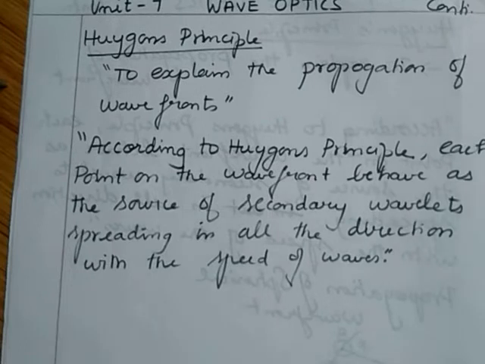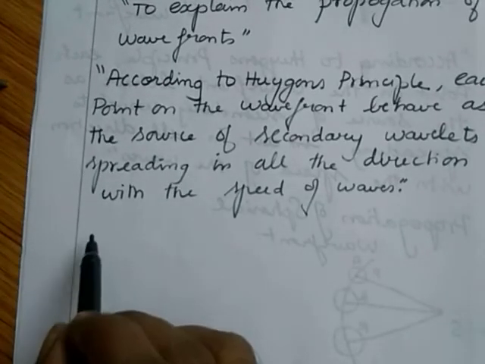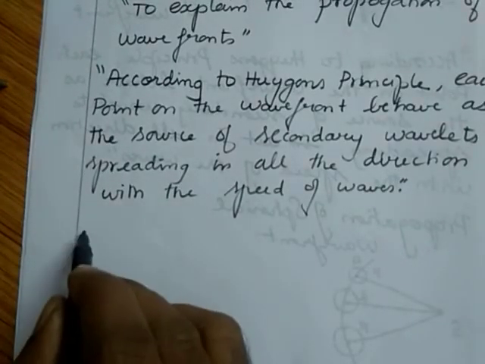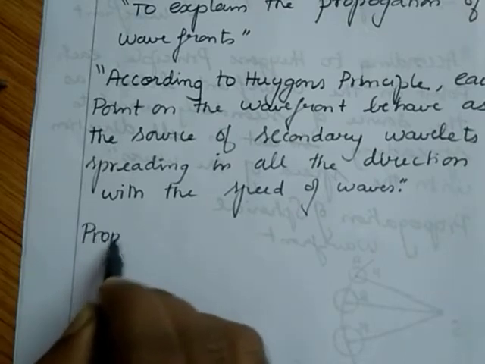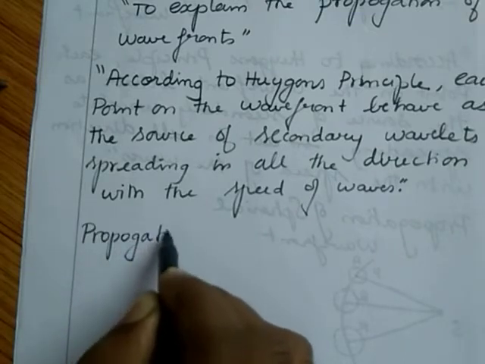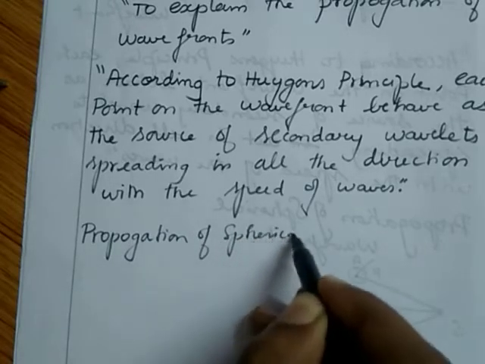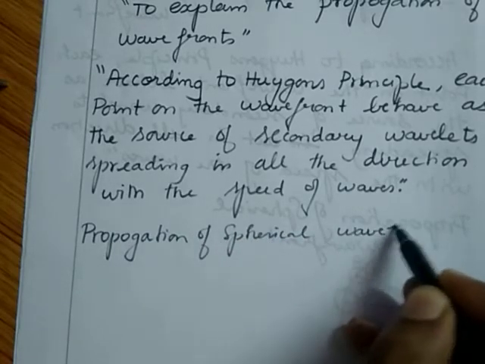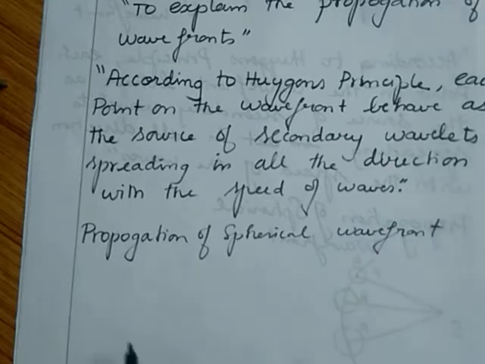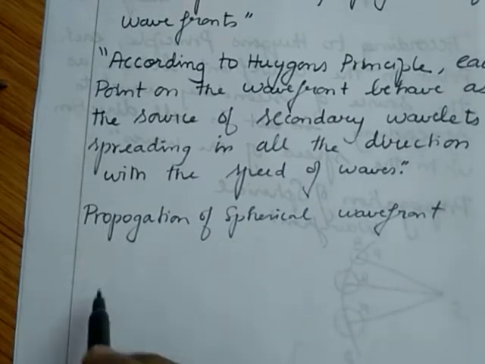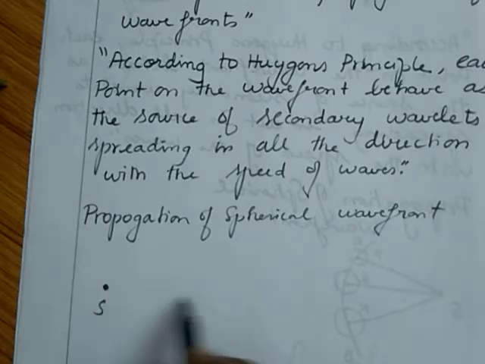First of all, here I consider the propagation of a spherical wavefront. We know a spherical wavefront is coming from a point source that is placed at a finite distance.